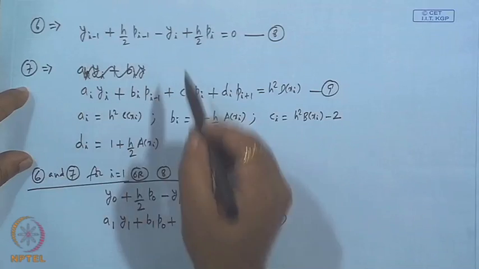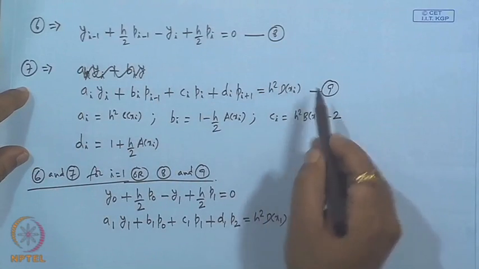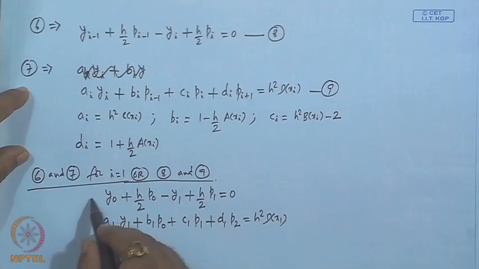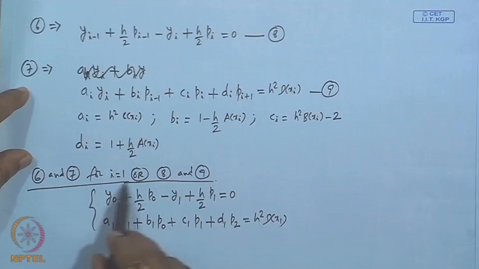So, what I have done, these two 8 and 9 we have written for I equals to 1.